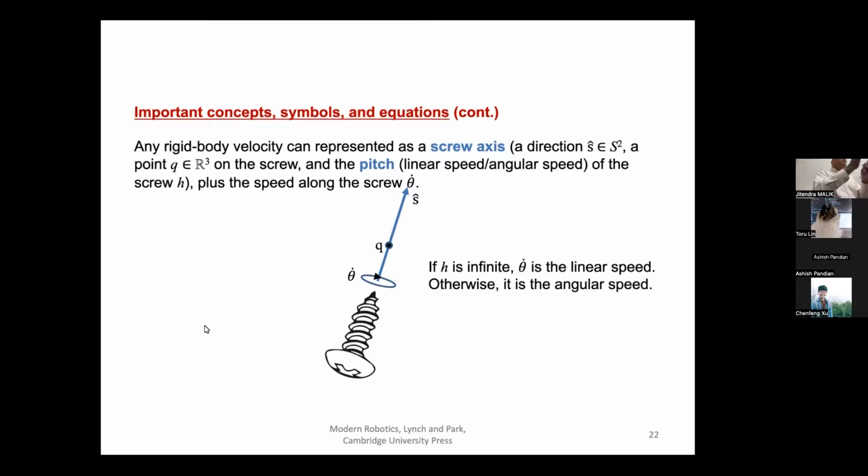The 3-dimensional translation is broken up into 2 components, one along the screw axis, one in the plane orthogonal to the screw axis. In the orthogonal plane, you combine it with the rotation by just shifting the axis of the screw. So it all works out, and don't insist on rigor because I'm just waving my hands.